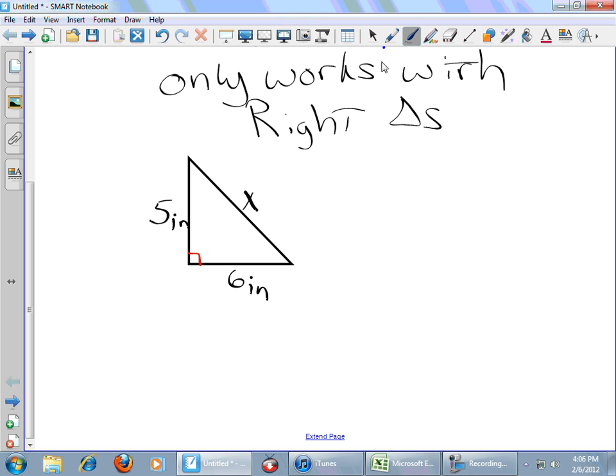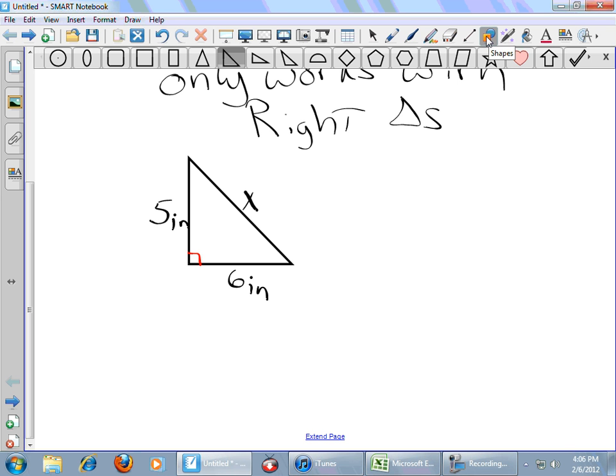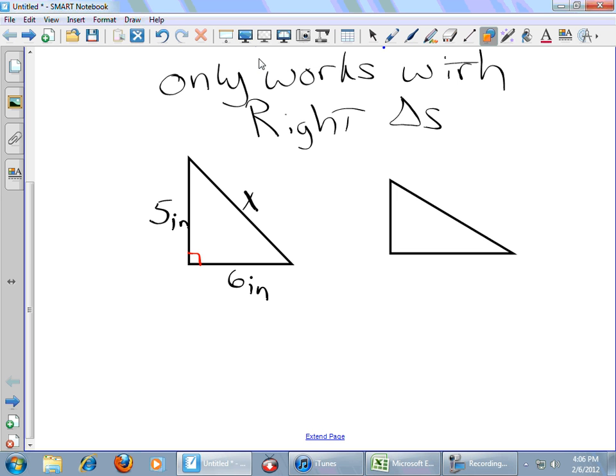Okay. If I had a different right triangle, one that looked like this perhaps, and there's my right angle, and I knew that this was, say, 3 centimeters, and this was 6 centimeters, I could figure out that side. Okay, they're actually the same problem.